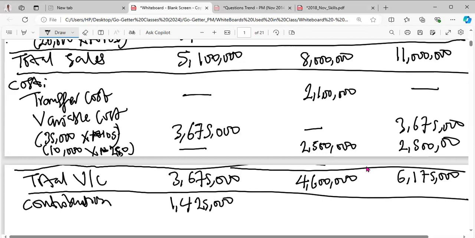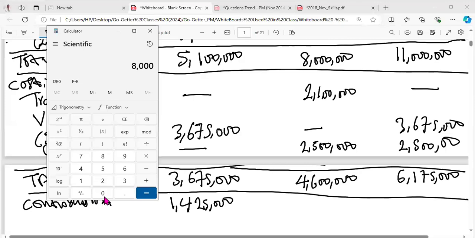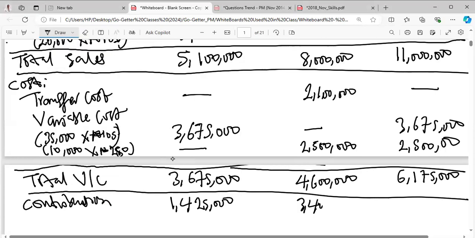That's the contribution. Let's look at the other one. We have 8 million minus 4,600,000. That will give us 3,400,000.